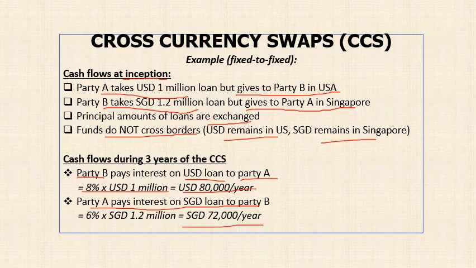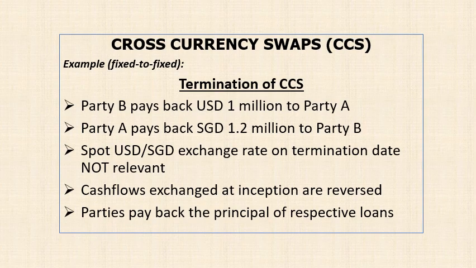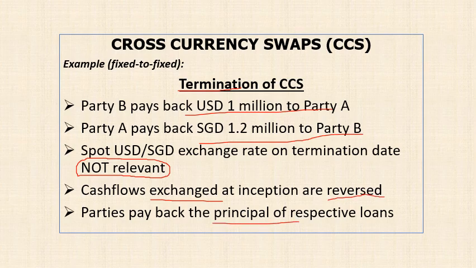Party A receives the Singapore dollar 1.2 million from Party B, which has actually taken the loan from the bank. At the termination of CCS, Party B pays back USD 1 million to Party A, and Party A pays back Singapore dollar 1.2 million to Party B. Note that the spot USD SGD exchange rate on the date of termination of the CCS does not matter. Basically, the cash flows exchanged at inception will be reversed, helping the parties to pay back the principal of their respective loans to their respective banks.